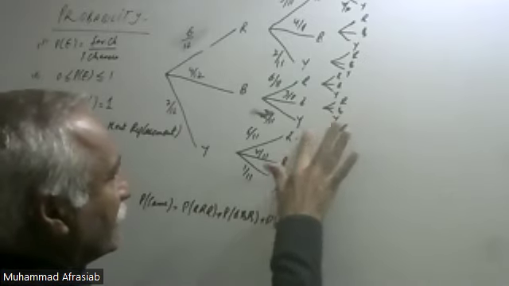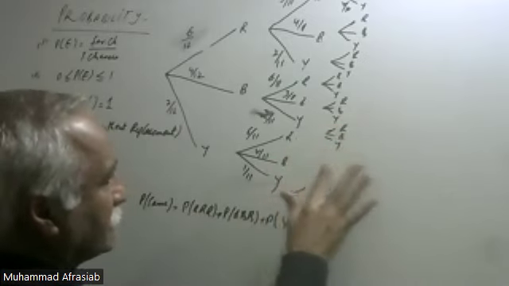Now, if they ask you to find the probability of same color, then we know that it should be red, red, red plus probability of blue, blue, blue plus probability of yellow, yellow, yellow. But since there are 2 yellow balls, this third option would not be there, because you have selected already 2 yellow color balls, and there is no other yellow color ball left for that portion there.